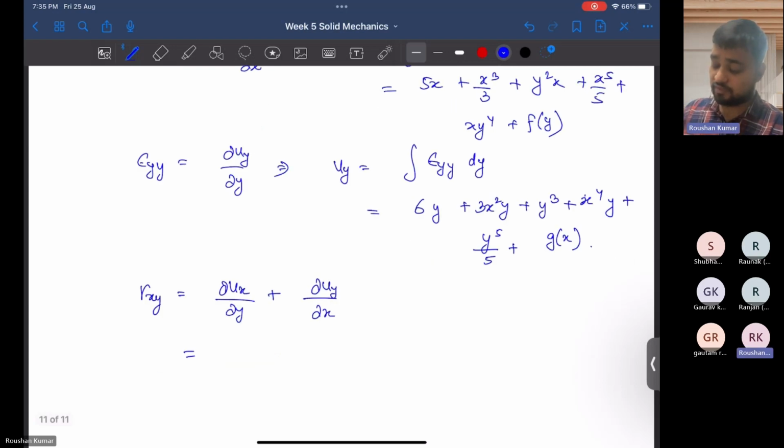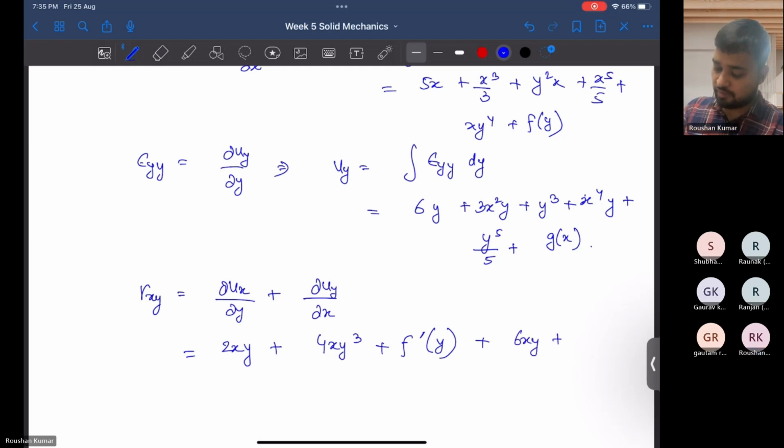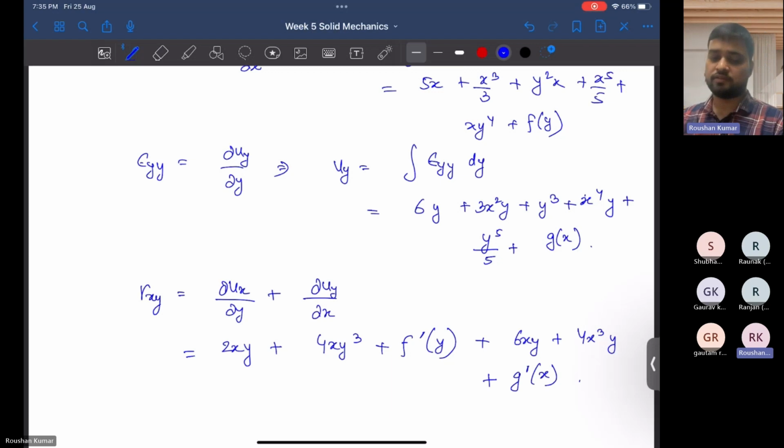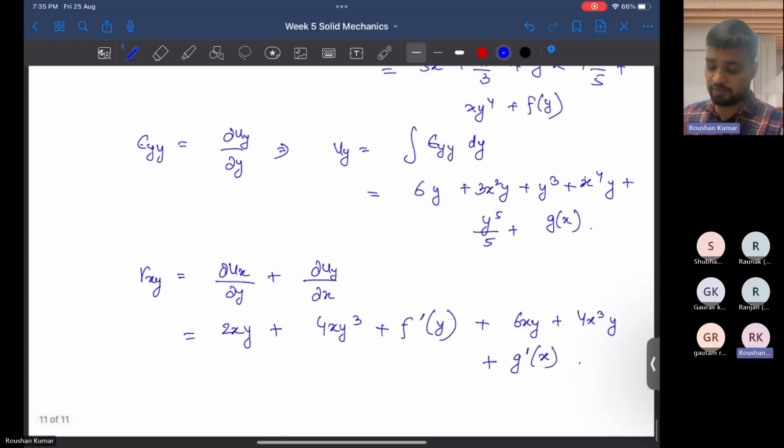So the derivative of ux with respect to y will give us 2xy plus 4xy³ plus f'(y), plus 6xy plus 4x³y plus g'(x). So this is the value of gamma xy.